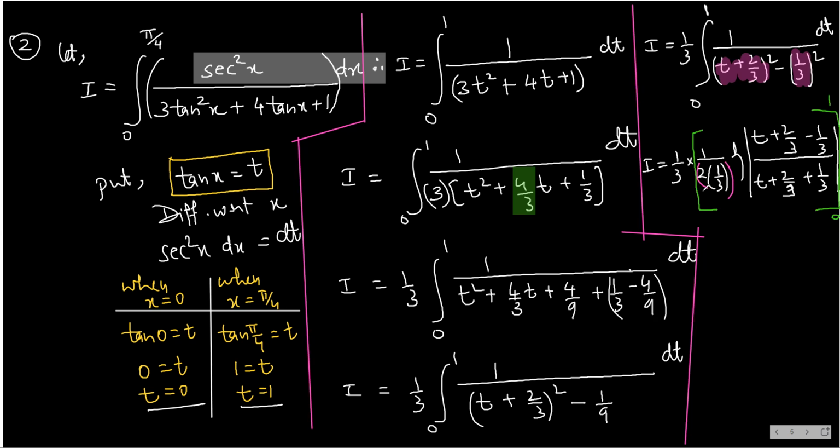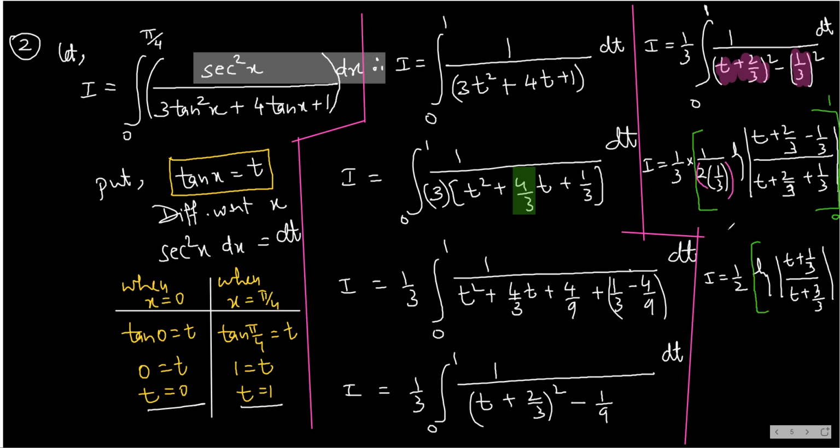When you take this out, 3 cancels. So finally you are left with 1 over 2. You have I equals 1 over 2 log of (t plus 1 by 3) upon (t plus 3 by 3), from 0 to 1.